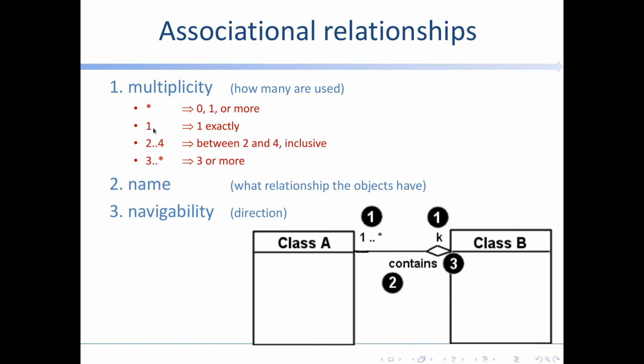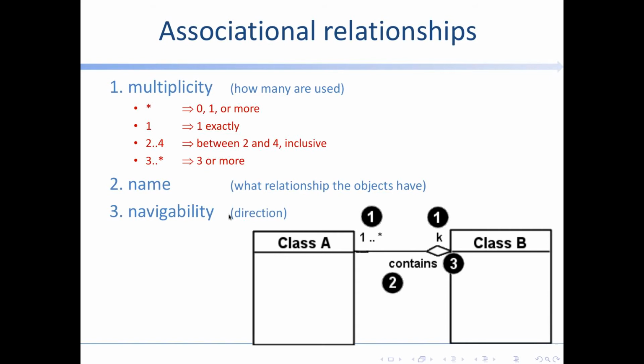If you put a number, it means the exact number. You can put a range, so it's like 1 to many, meaning that if you put just a star, it means from 0 to many. If you say 1 to many, then that's starting from 1. It's not 0. There's definitely at least 1.